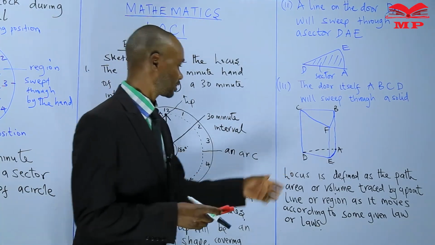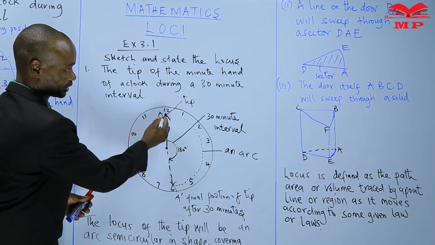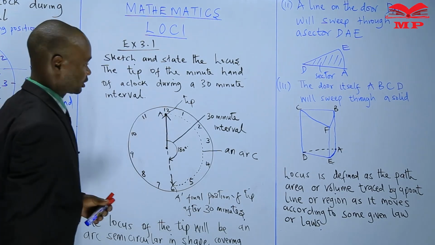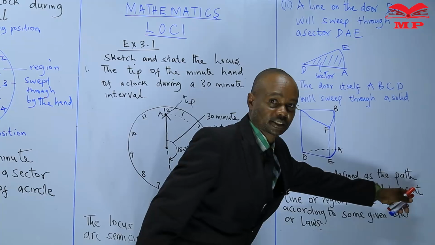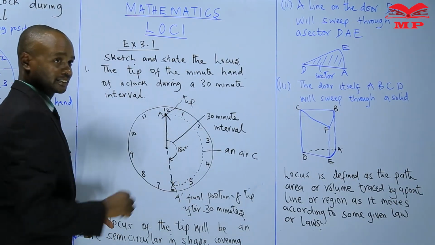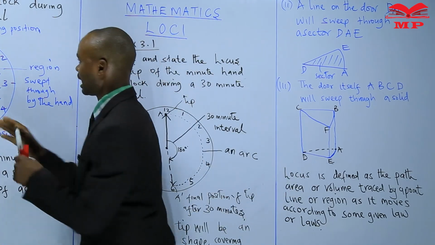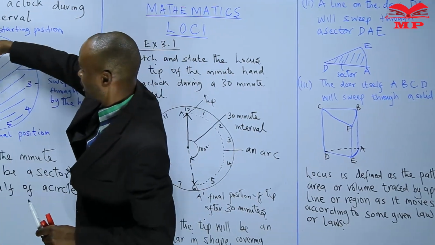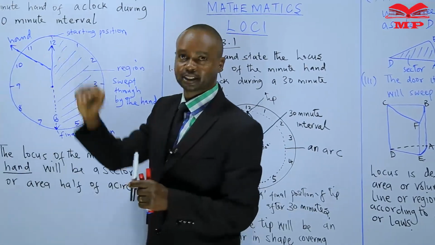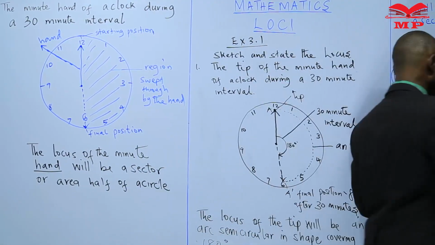Isn't it? Like in the first example, we had a tip. It is a tip indicated by a point. So the point will give a path. In the second example, we had a hand. You can see the hand sweeping through that area. In the third case, we would have had a region sweeping.